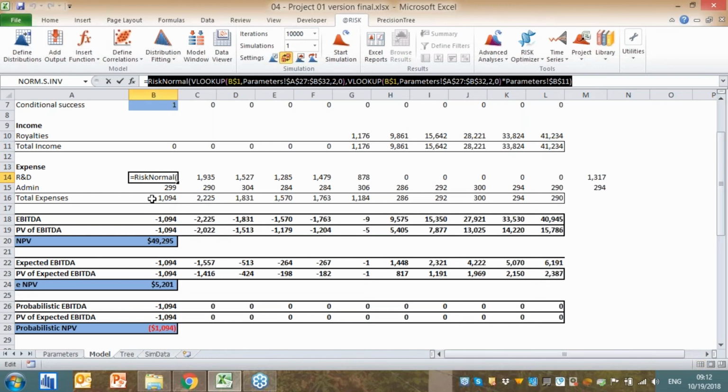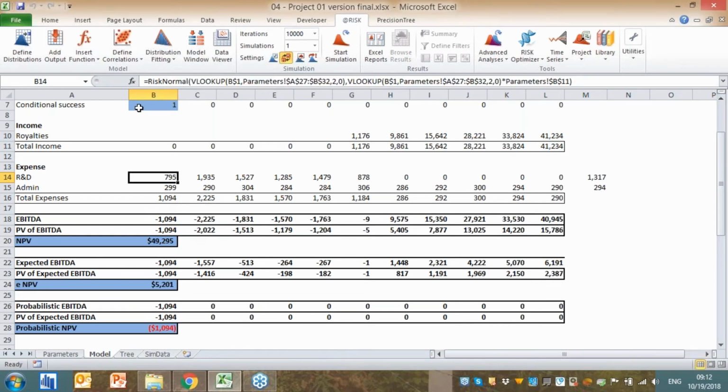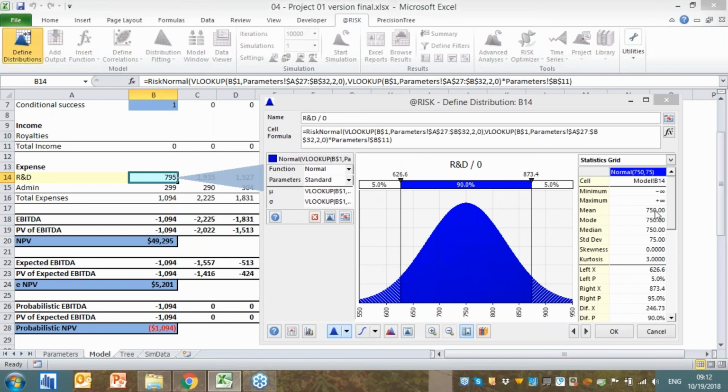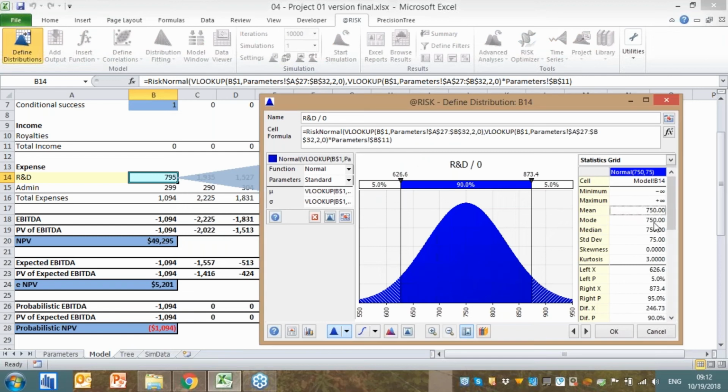A normal distribution function provided courtesy of @RISK has let me define R&D based on a single mean value, which is $750 plus or minus a standard deviation or variation of $75.